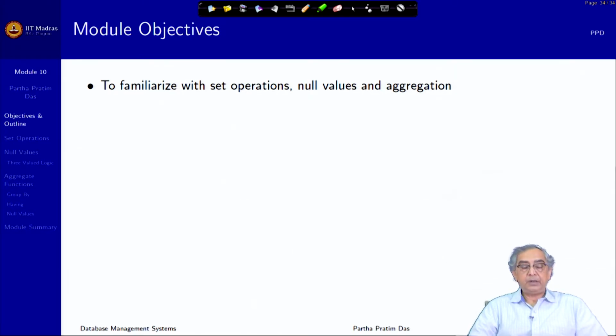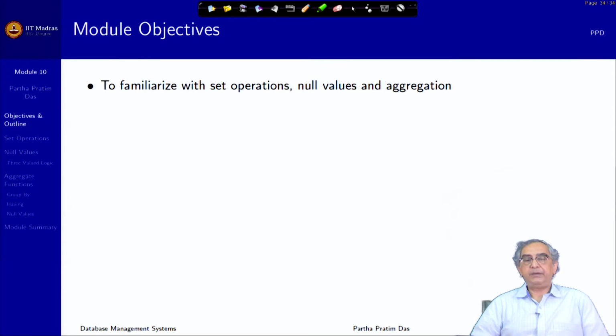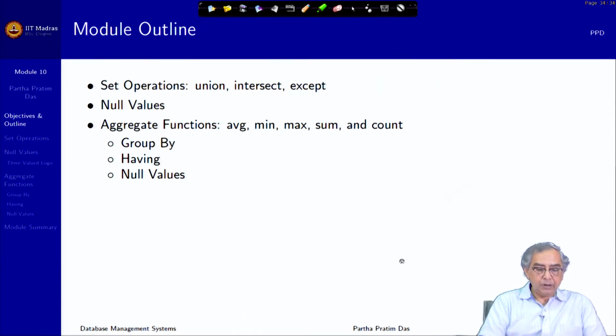This will include discussion on how null values impact the queries and the results, and finally, the aggregation functions I had mentioned a couple of modules back. So, this is the outline which you will see on the left.